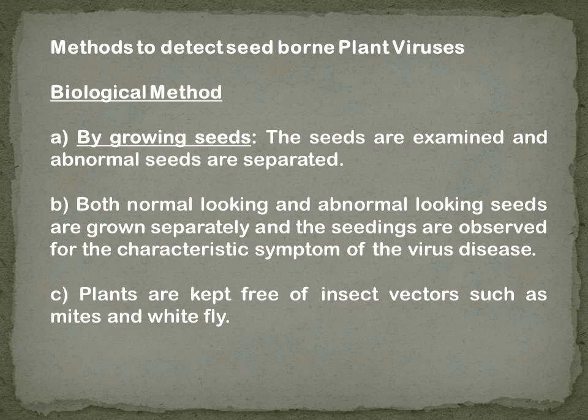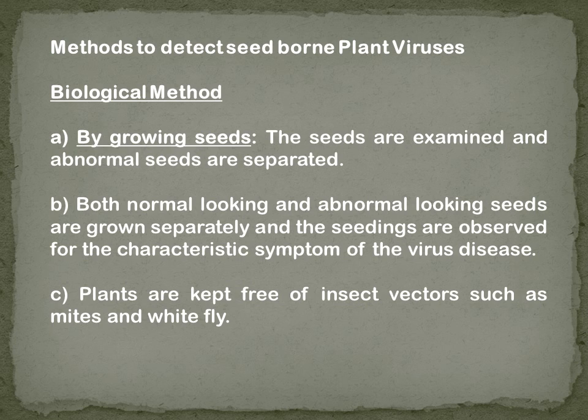Both normal-looking and abnormal-looking seeds are grown separately, and the seedlings are observed for characteristic symptoms of the virus disease. If you grow them separately, you can easily distinguish which seeds are infected with the viral disease. And plants are kept free of insect vectors such as mites and whiteflies.